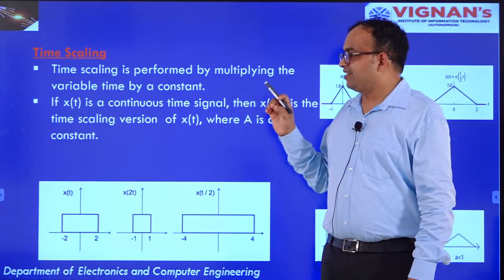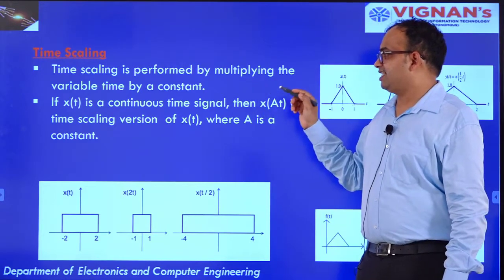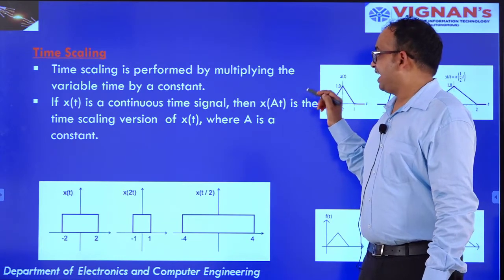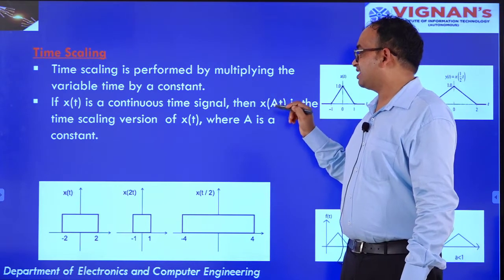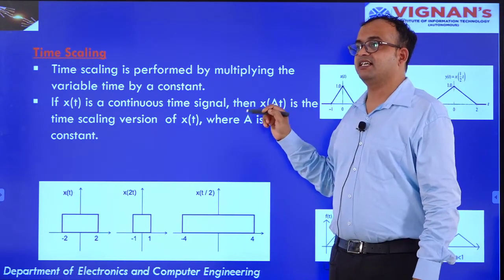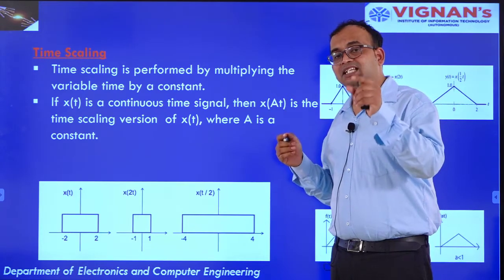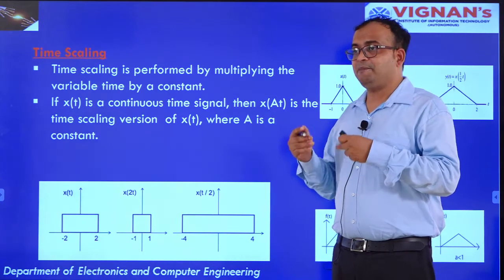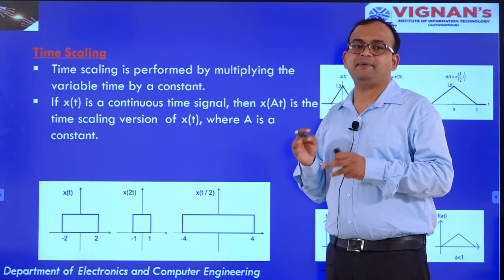I have written the definition of time scaling. If x of t is a continuous time signal, then x of at is the time scaling version of x of t, where a is the constant, the multiplication factor. The value of a may be greater than 1 or less than 1.